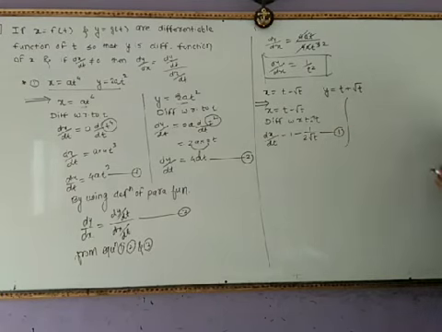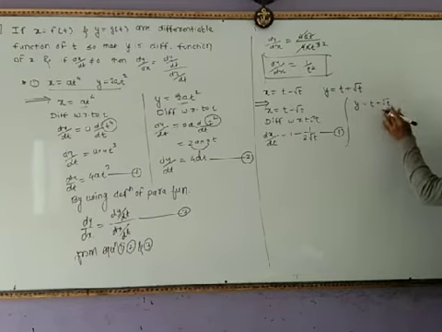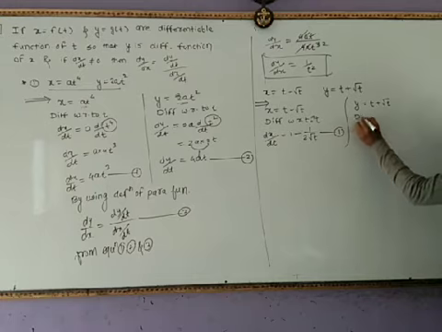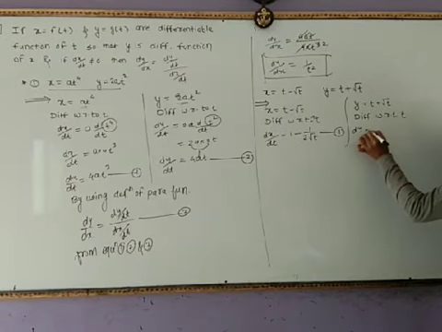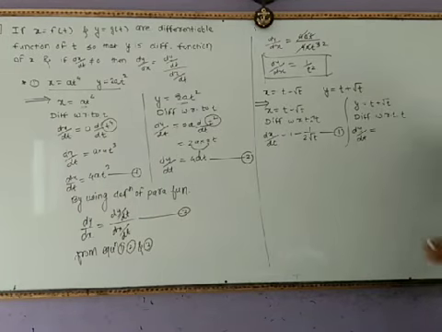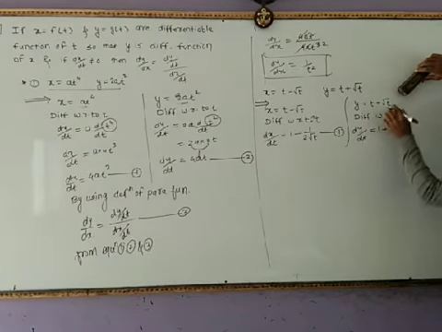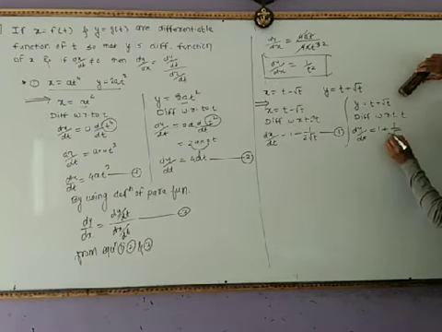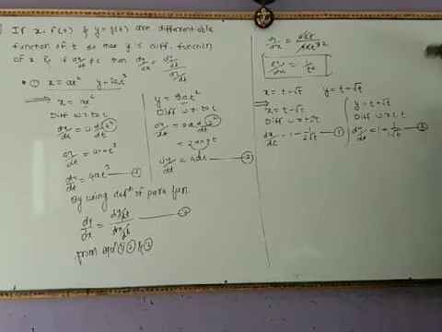Similarly, differentiate y is equal to t plus root t with respect to t. So we will get dy by dt is equal to the derivative of t, which is 1, plus the derivative of root t, which is 1 upon 2 times root t. This is equation second.